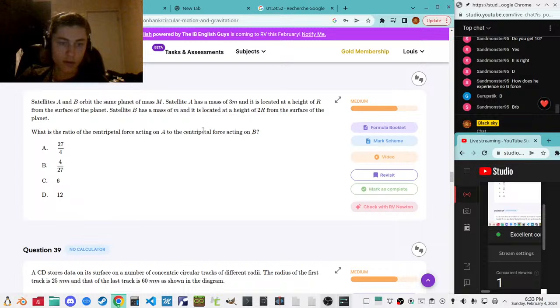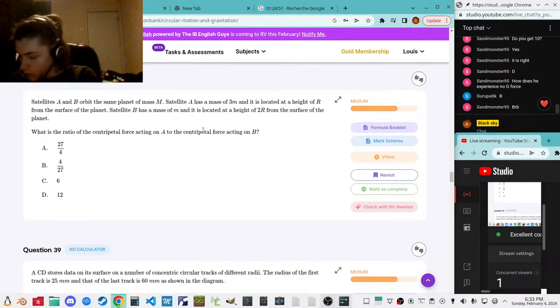What is the ratio of the centripetal force acting on A and the centripetal force acting on B? So, we have R and we have M. What else do we have? F equals ma. So we have GMm divided by r squared. Oh, that's literally just the gravitation thing.